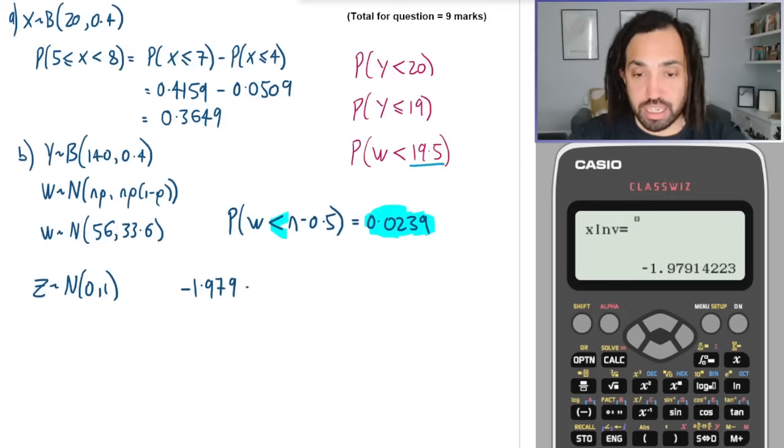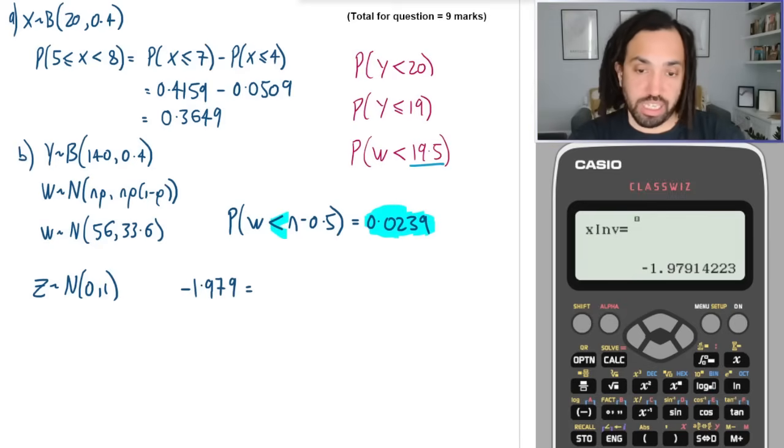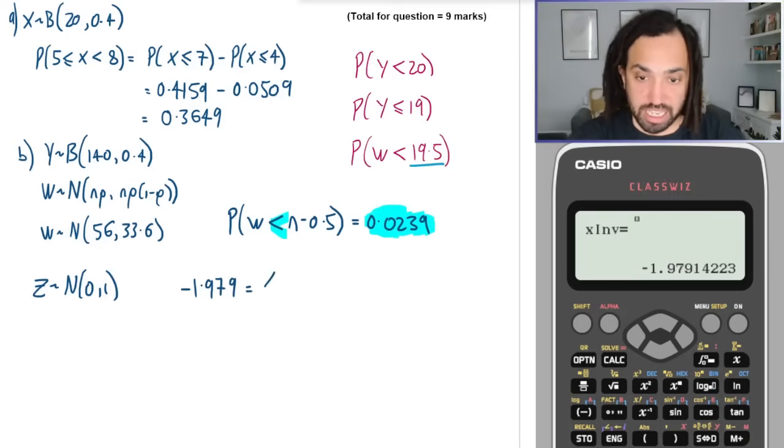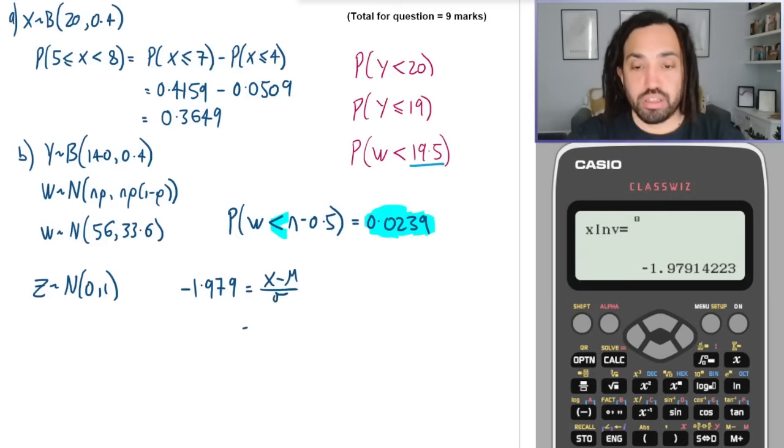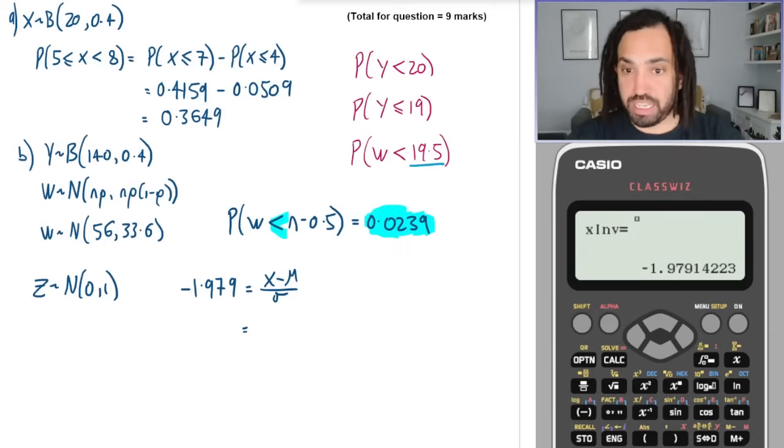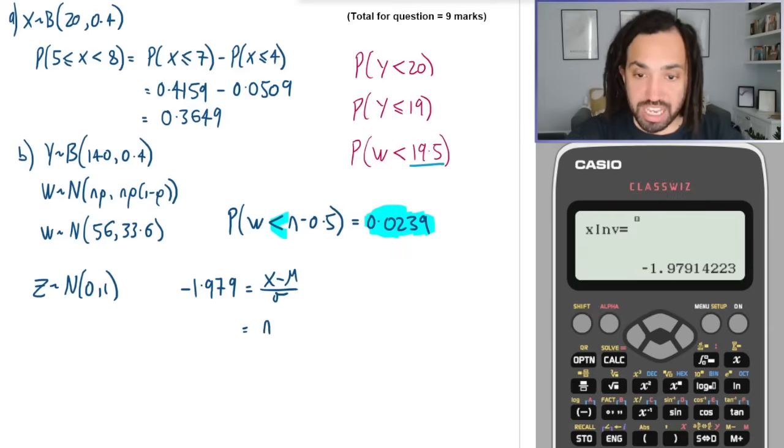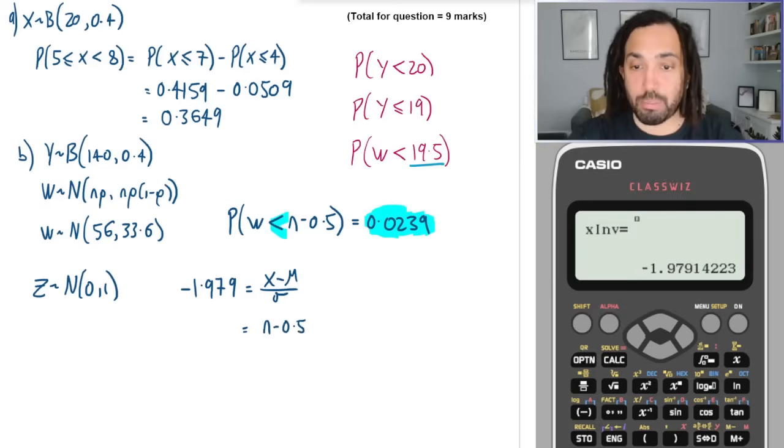minus 1.979. And the formula for the z values is x minus mu over sigma. So our x value is n minus 0.5. Our mu is 56.